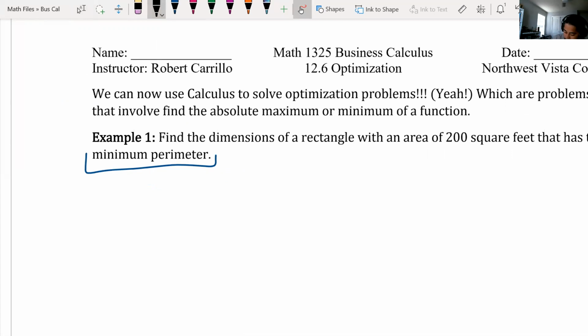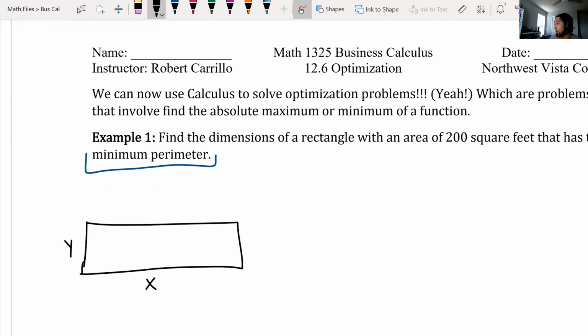Here's my rectangle, and I'll label x as the width and the height is y. One thing we have to know are the actual formulas we're working with.